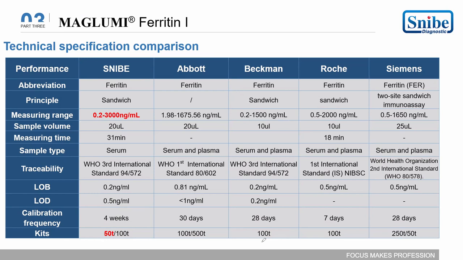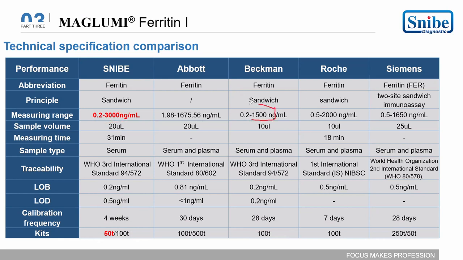The second thing, in comparison, is not only the calibration stability and onboard stability. The other is a broad measuring range. We can read the ferritin level up to 3,000 nanogram per ml.